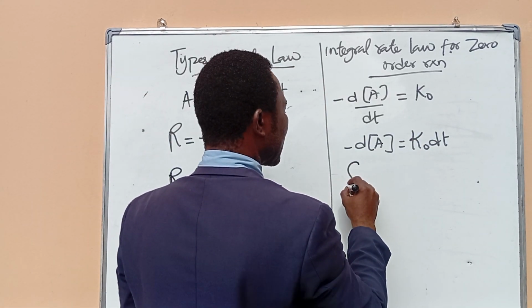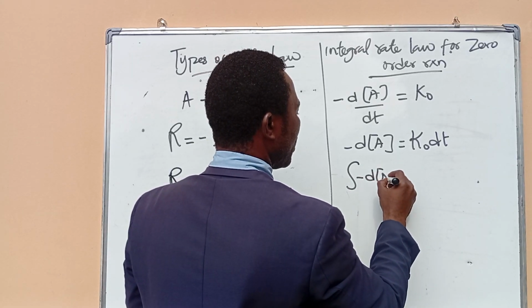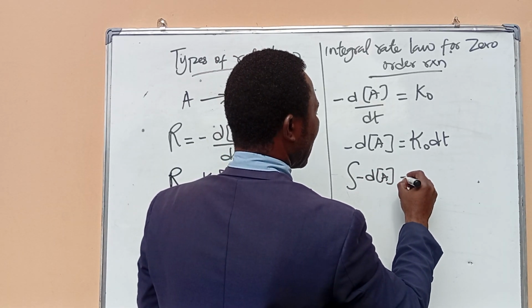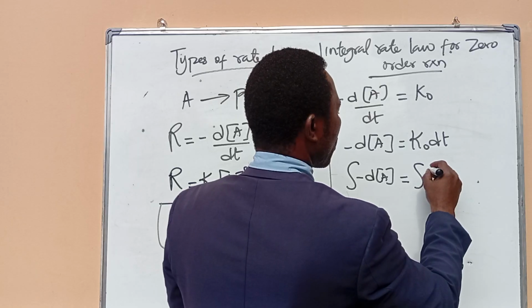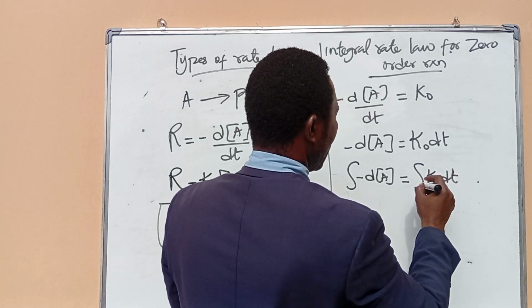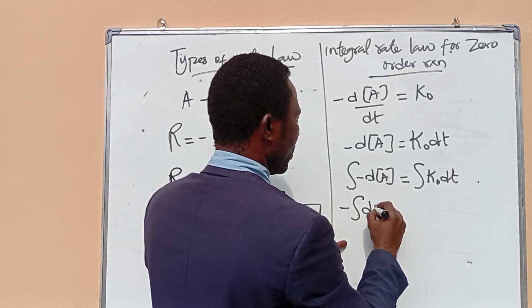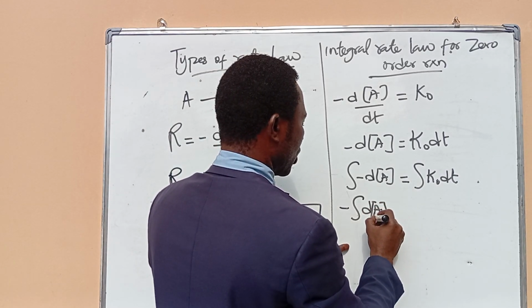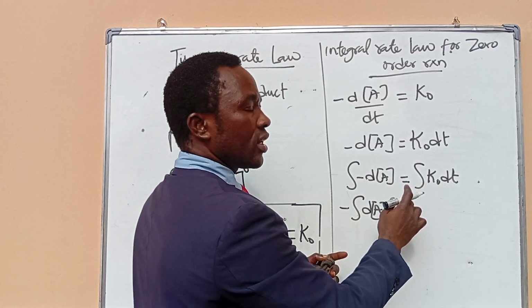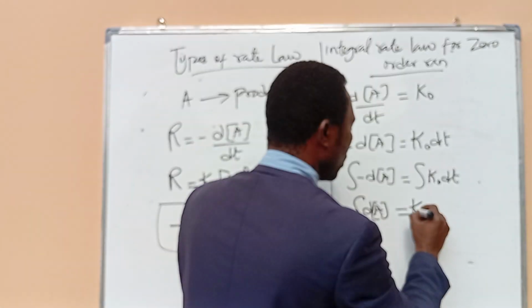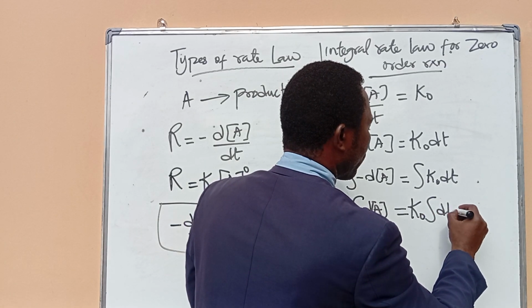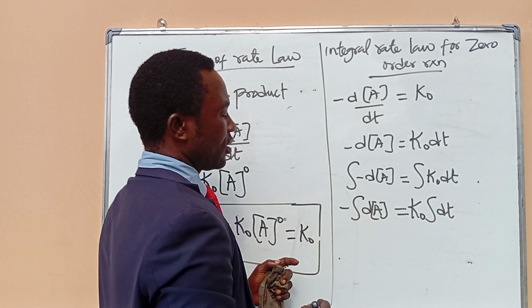I want to integrate minus change in A, and integrate K0 dt. You see that the negative will come out: minus the integral of dA, change in concentration of A, will be equal to, you don't integrate a constant, so K0 comes out, and you have the integral of dt.